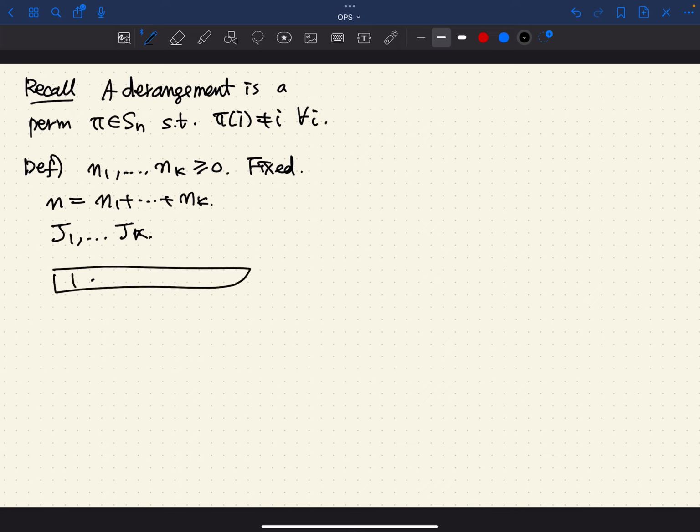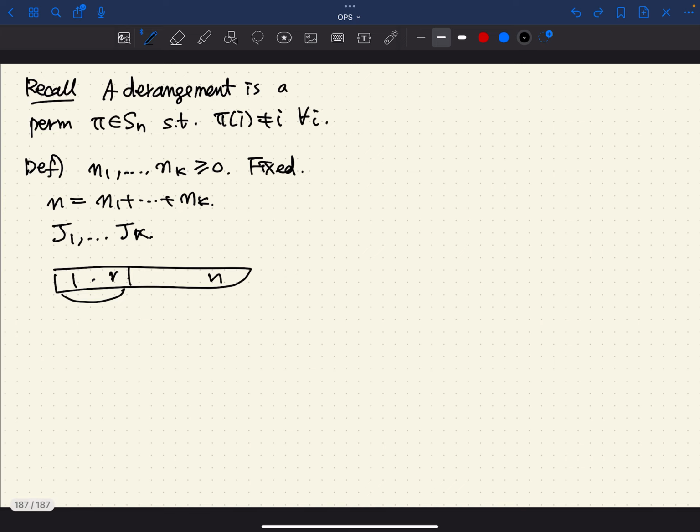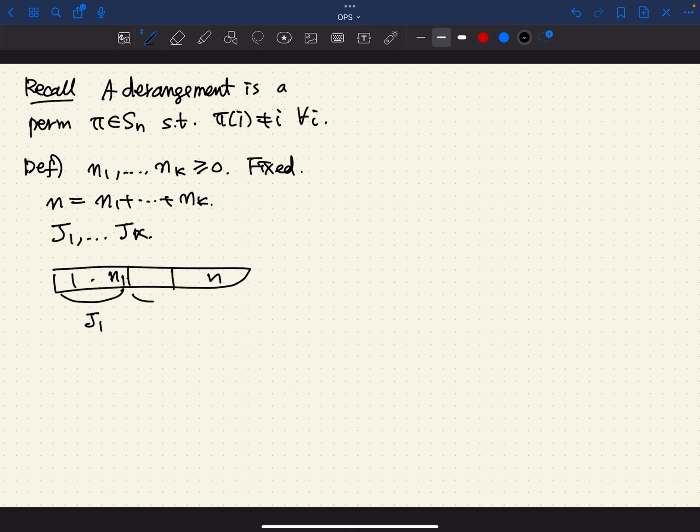We have 1 up to n, and we separate this segment 1 up to n into k segments, where the ith segment is Ji.